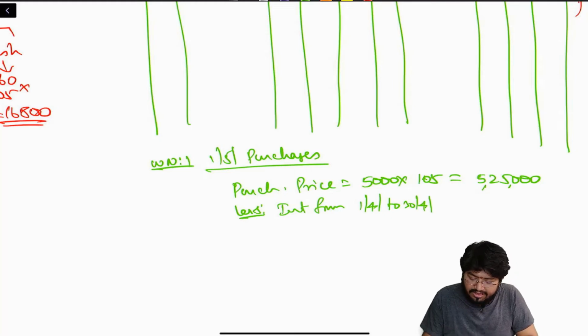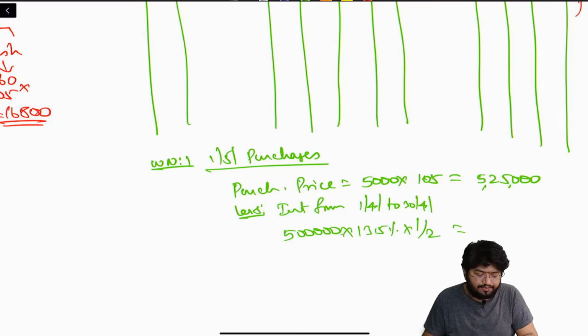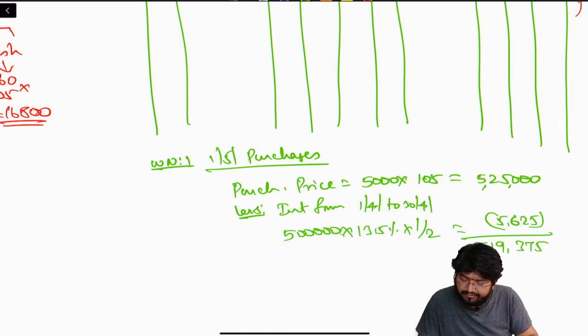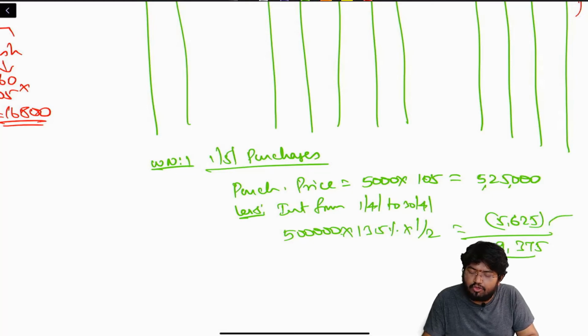So it's going to be 5 lakhs into 13.5% into 1 by 12. Please tell me the value. 5,625. So the balance would be 5,19,375. So this is supposed to go into the cost column and this will go into the interest column.